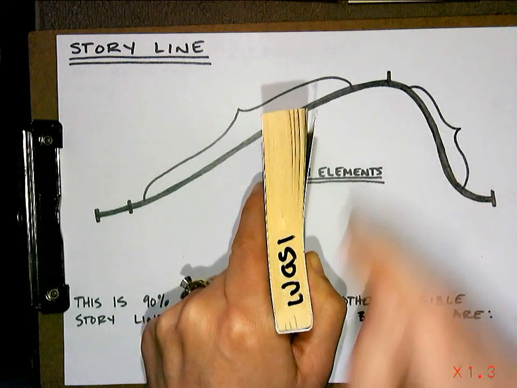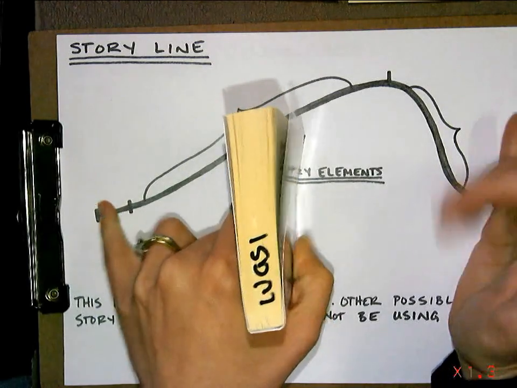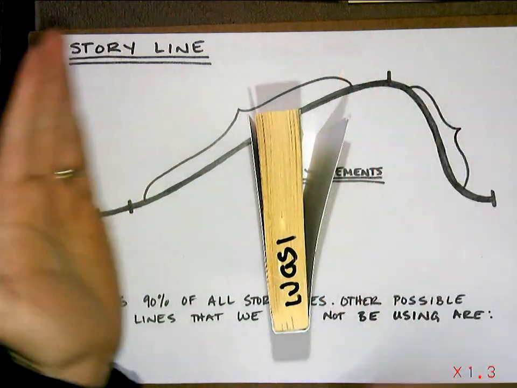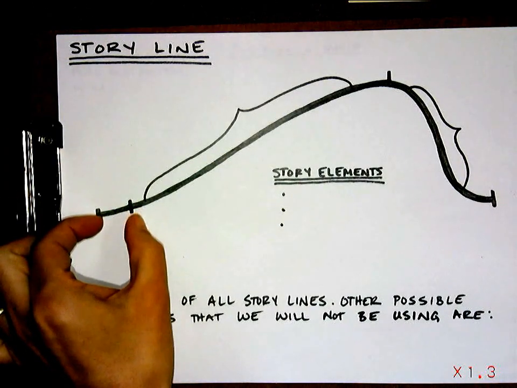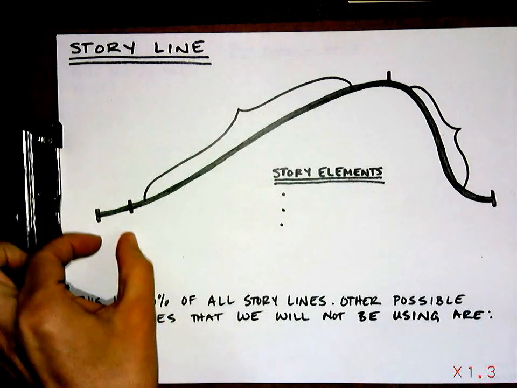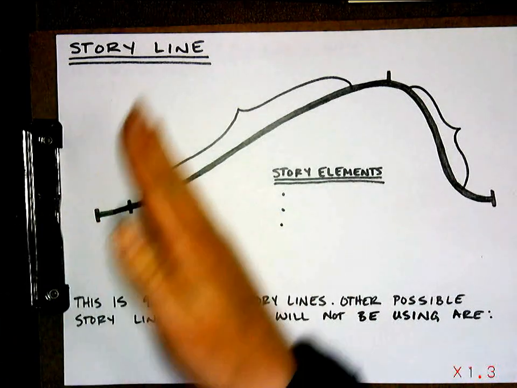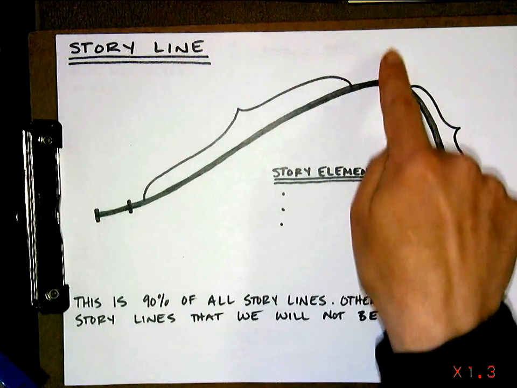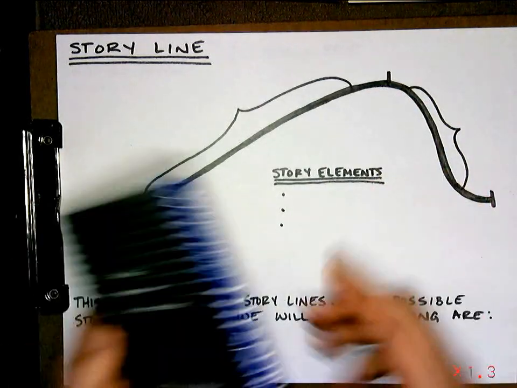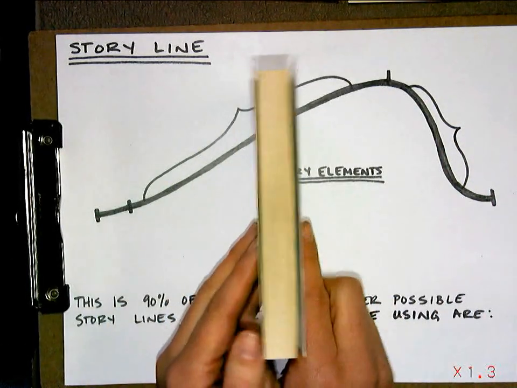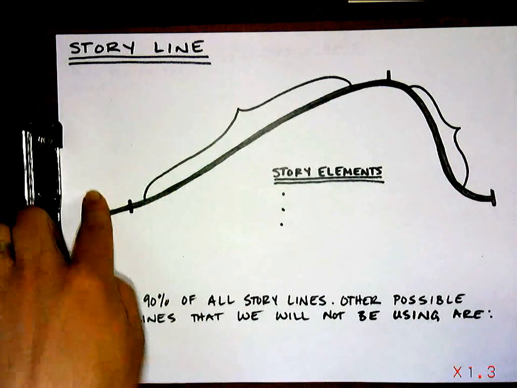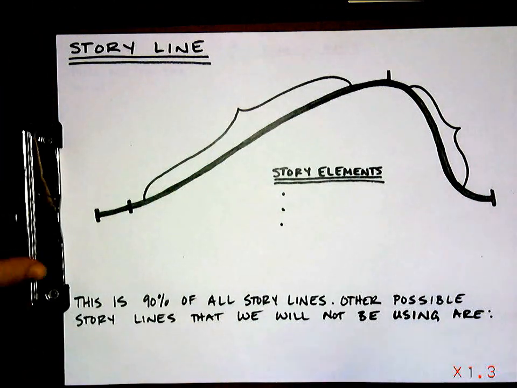If the book were this thick, you would be able to divide it up and say roughly the first tenth of it covers this part of the story, and then about 3/4 of the way through you're going to hit this part, and then the ending wraps up right here. So if you were looking at a cross-section of the book, that's what this storyline does. So we're going to take a peek at what those elements are.